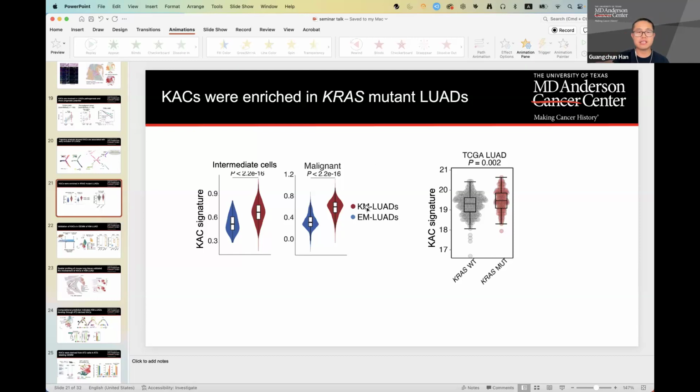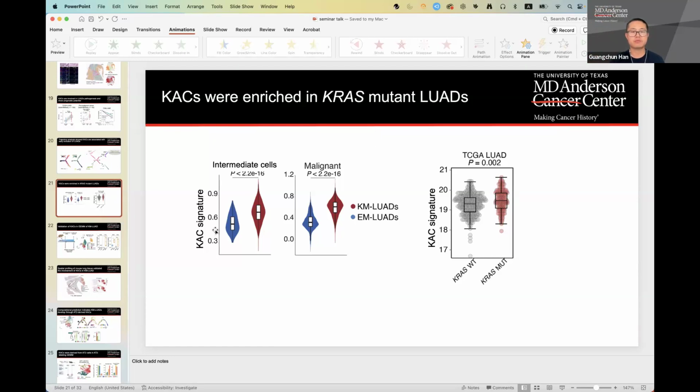And regarding the EGFR ones, if we consider the developmental trajectory of malignant cells with regard to the mutation status, I think KRAS mutation and EGFR mutation are different. So maybe KRAS mutated malignant cells are showing less differentiation, or vice versa. That will add more complexity, making this CAC signature analysis challenging. So that's what we are doing now.